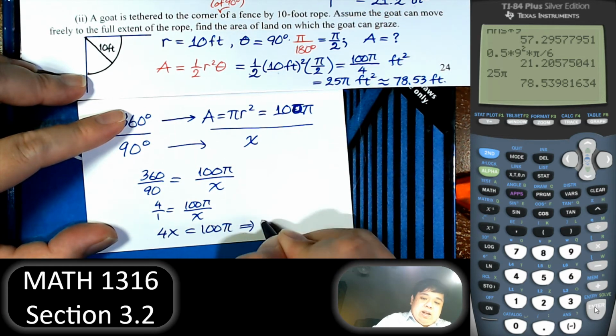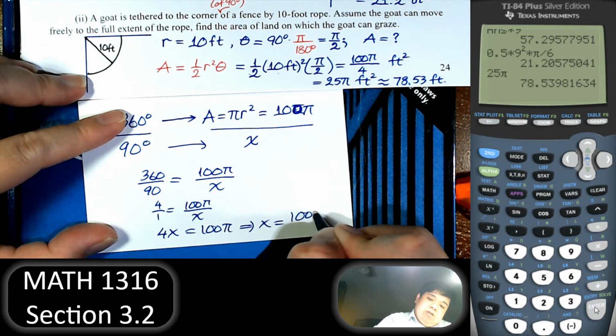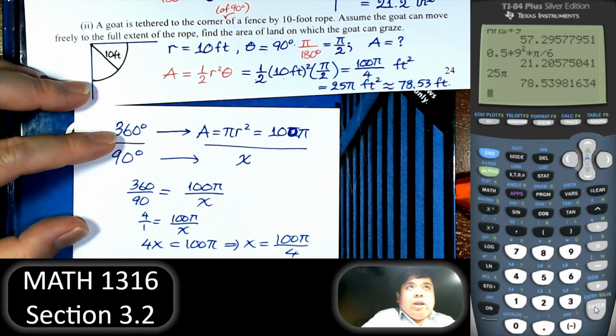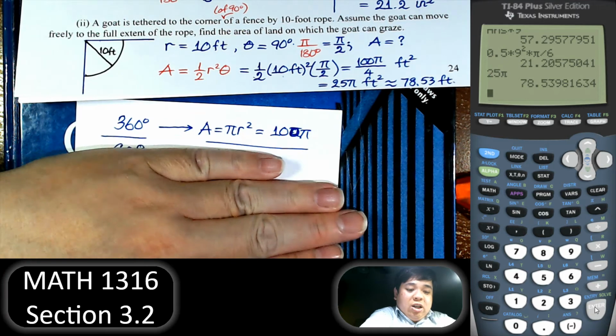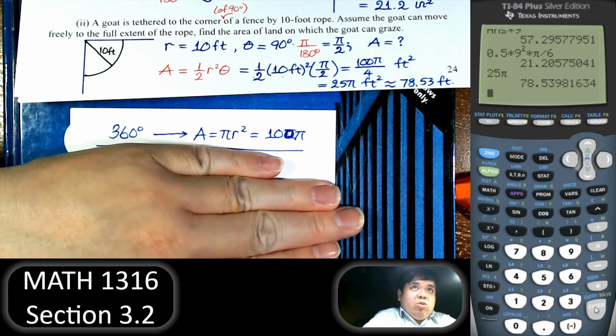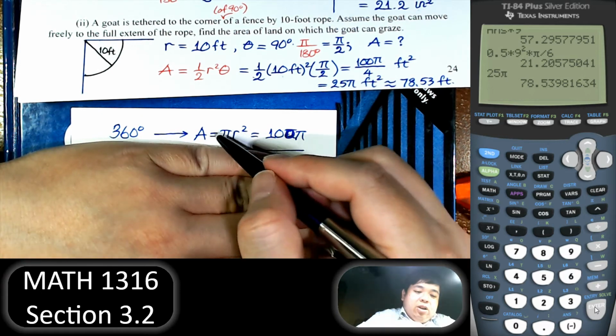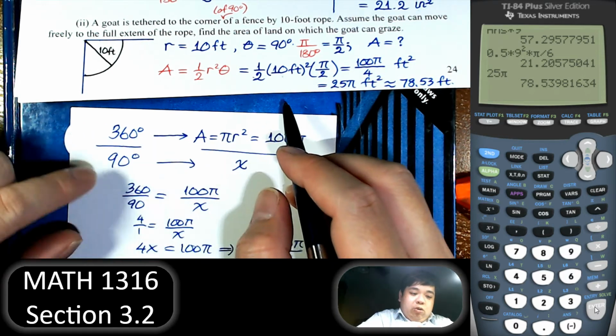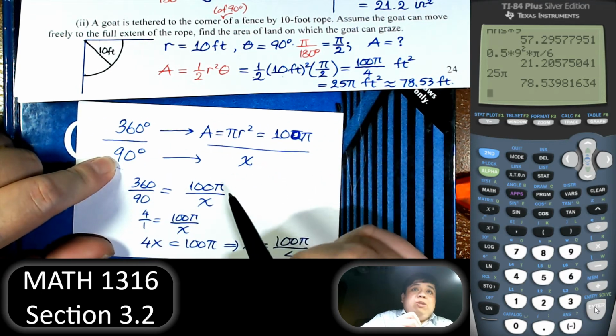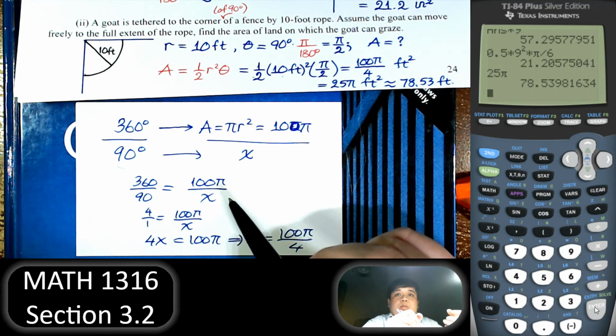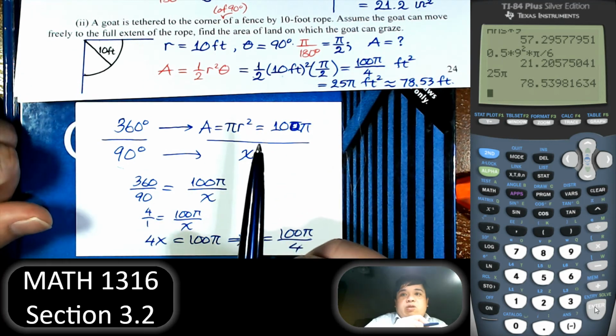And so for x, we have 100 pi divided by 4. So my point is, in general, we just write out 360 degrees, the whole circle, the area will be that. Now, equivalent to 90 degrees, what will be the area? We just set up the ratio of proportion. In that case, we don't even need the formulas.